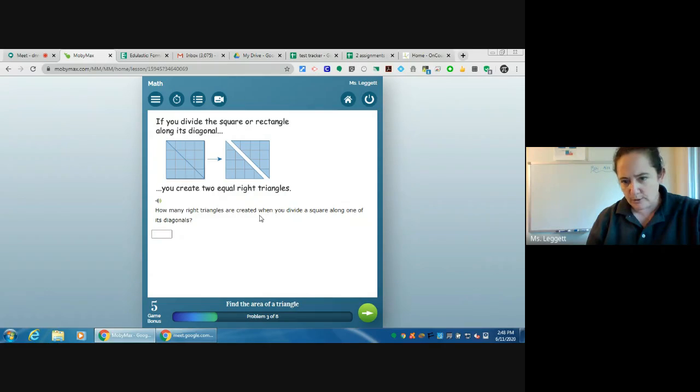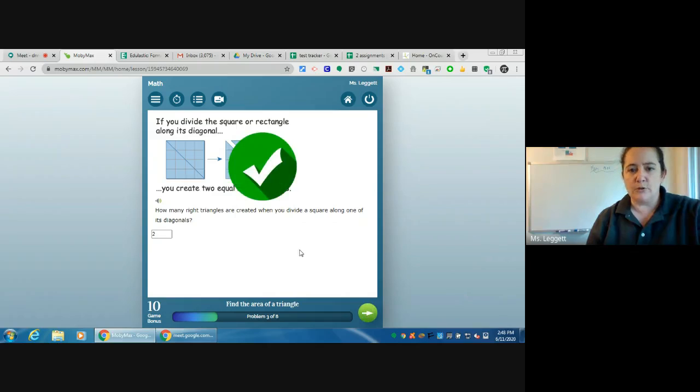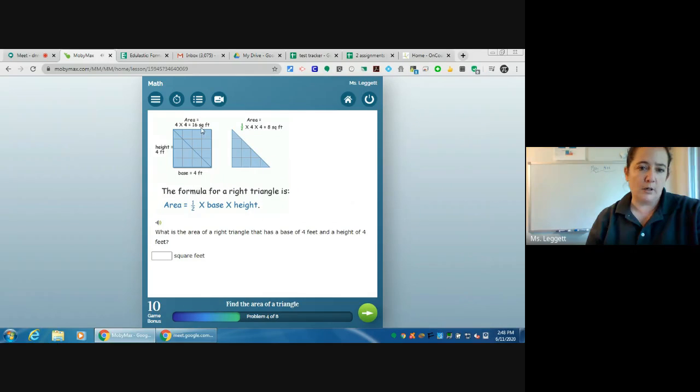So how many right triangles are created when you divide a square along one of the diagonals? How many do I have here? I have 2 equal ones, which means we're going to take the original formula of a square, base times height, length times width, side times side, whatever you want to call it, and we're just going to cut it in half. Now, multiplying by a half is the same thing as dividing by 2.